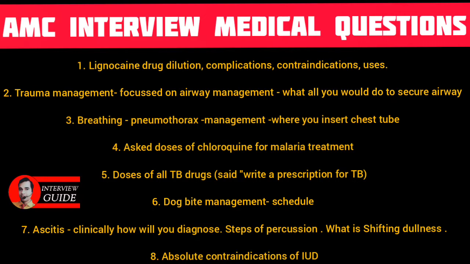If there is very little fluid present, that is, not enough to distend the abdomen, then we will look for shifting dullness. When fluid is present in the peritoneal cavity, the air filled bowel loops will float upwards, and if the patient lies supine and we percuss from the flanks upwards, there will be a dull sound due to the fluid filled abdomen, and as we move towards the top, we will find a tympanic note due to air filled bowels.